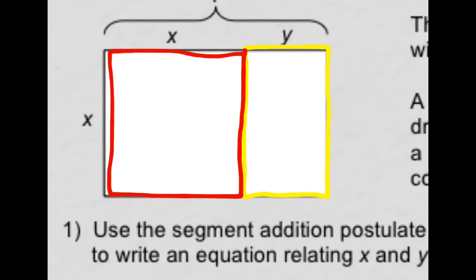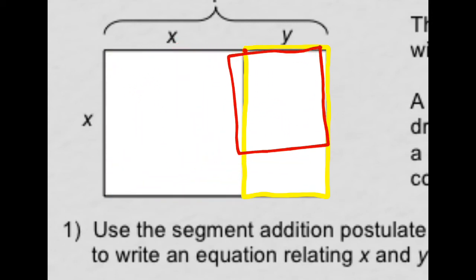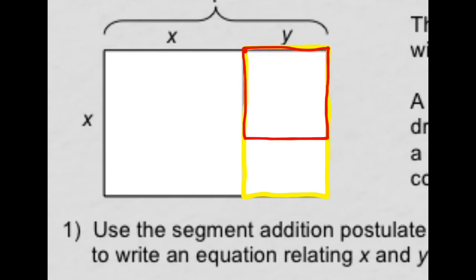So what if I kind of do the same thing this time? What if I take my square, try to place it as strategically as I can right there. Okay, that looks good. And now, where's my remaining rectangle of the yellow rectangle? Right here, right?